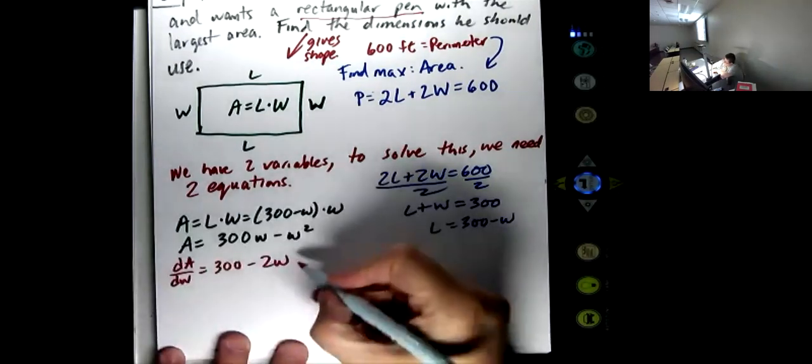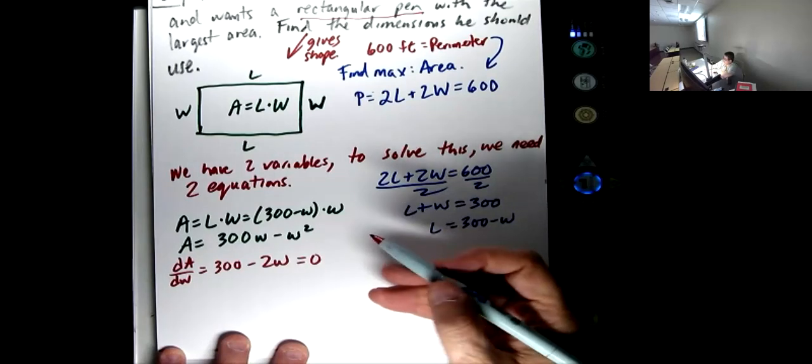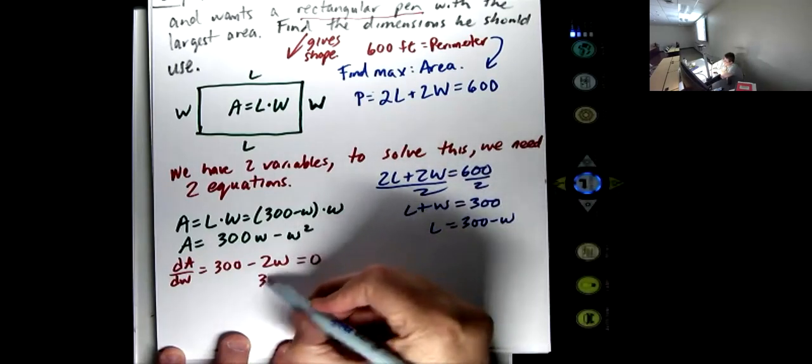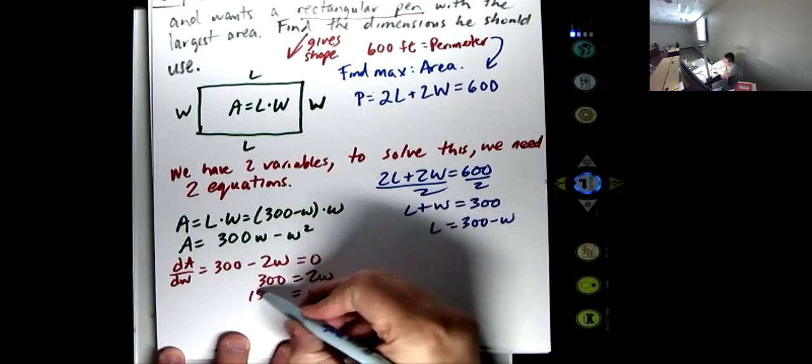For a critical point, I set this equal to 0. I get 300 equals 2W, or W equals 150 feet.